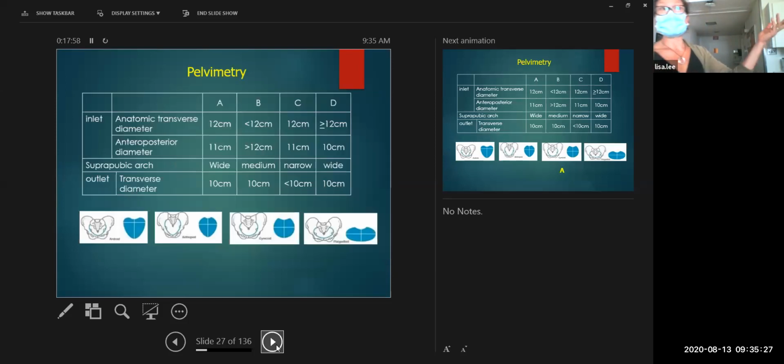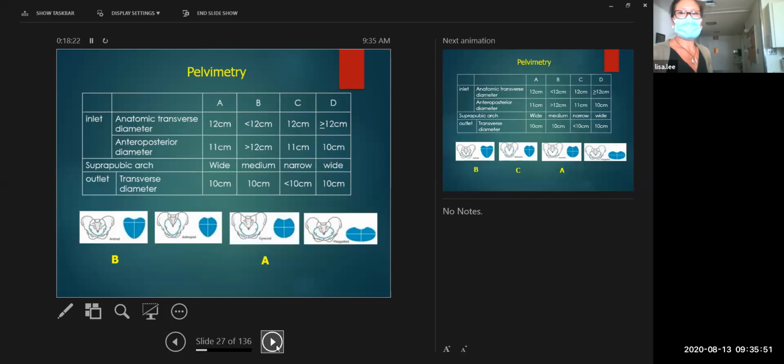So if we go back to this, the measurements on A probably correlate best with your gynecoid pelvis, because it's pretty circular, right? And then B is like your android, right? Yeah, exactly. So the heart one.